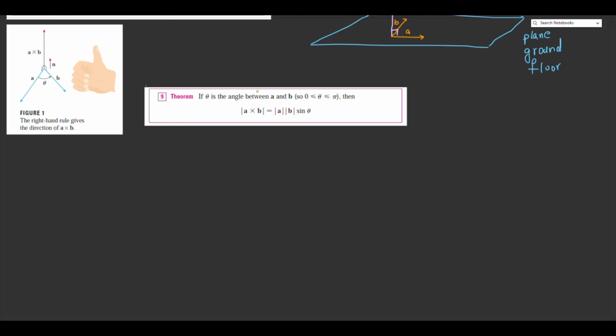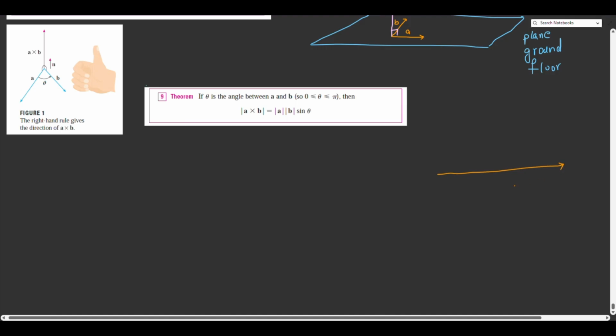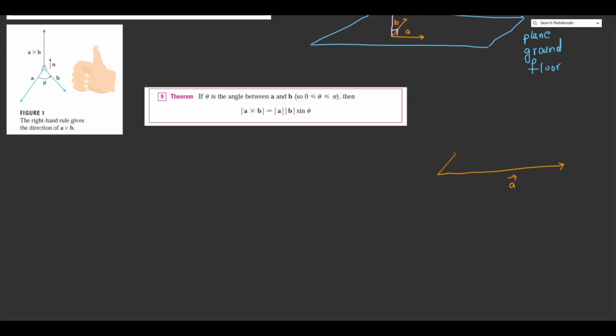Okay, so you can imagine this in the following way. I will draw the figure here. Suppose this is our vector A, and this is the vector B, and theta is the angle between these two vectors. So the magnitude of A cross B is equal to the magnitude of vector A, magnitude of vector B multiplied with sine of theta, where theta is the angle between them.